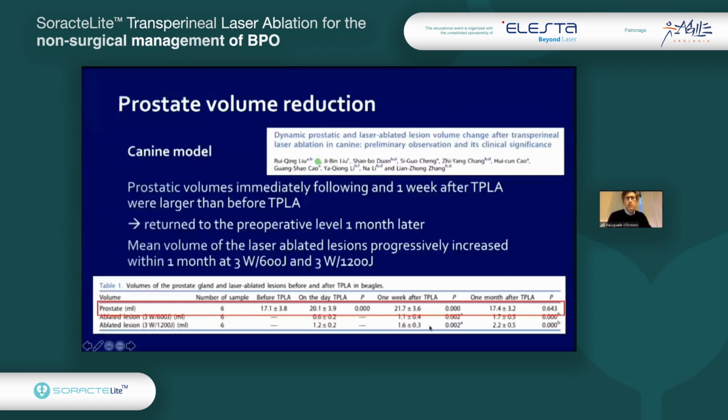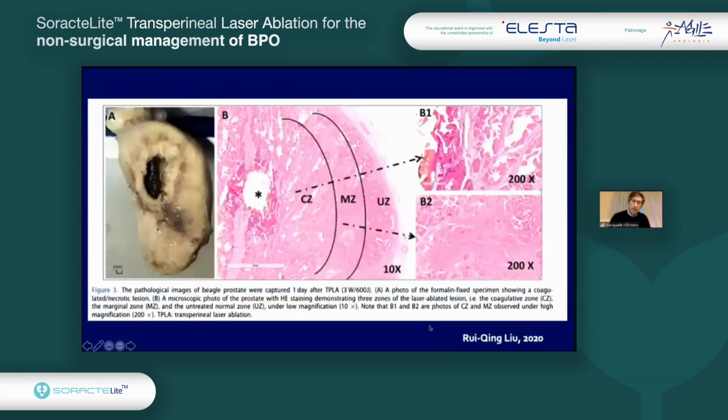In 2022, there was a study on prostate volume reduction done on beagle dogs in China. It comes out that after the procedure, the mean volume of the laser ablated lesion increased within 1 month, then later on drops because of the inflammation and edema of the tissue. We know the beagle prostate is not like the human prostate, but we can kind of assess it.